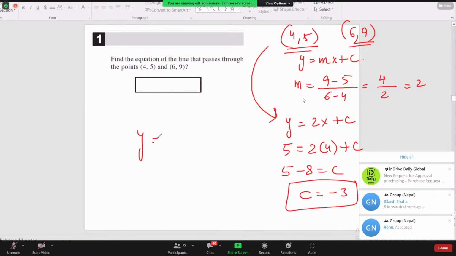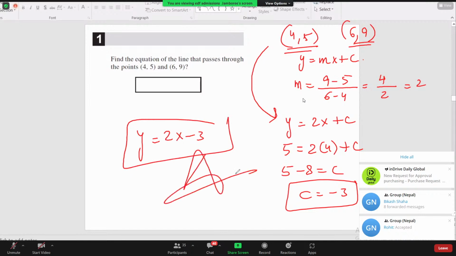So the equation of the line will be y is equals to 2x minus 3, which will be the answer to the question. So guys, does that make sense to everyone?